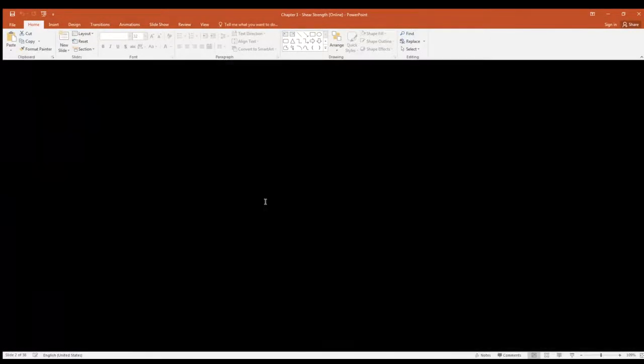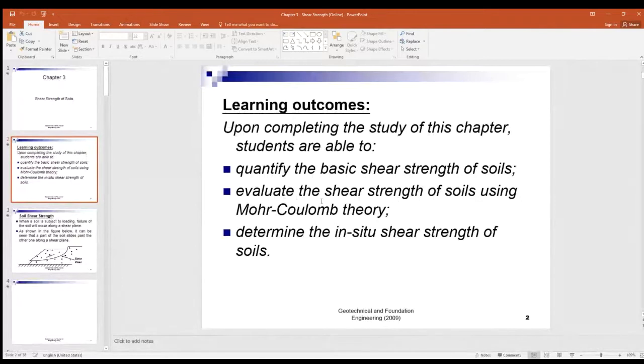And you should be able to calculate the shear strength of soil using the Mohr-Coulomb theory, which you have learned about in your Structure 1. And finally, you should be able to determine the in situ shear strength of soil. In other words, not only the shear strength of soil in the laboratory, but also at a construction site.